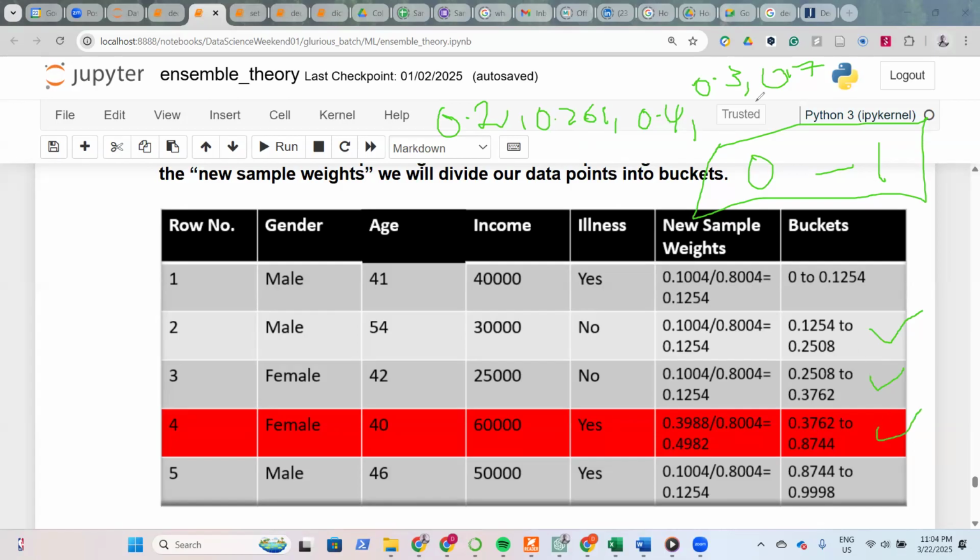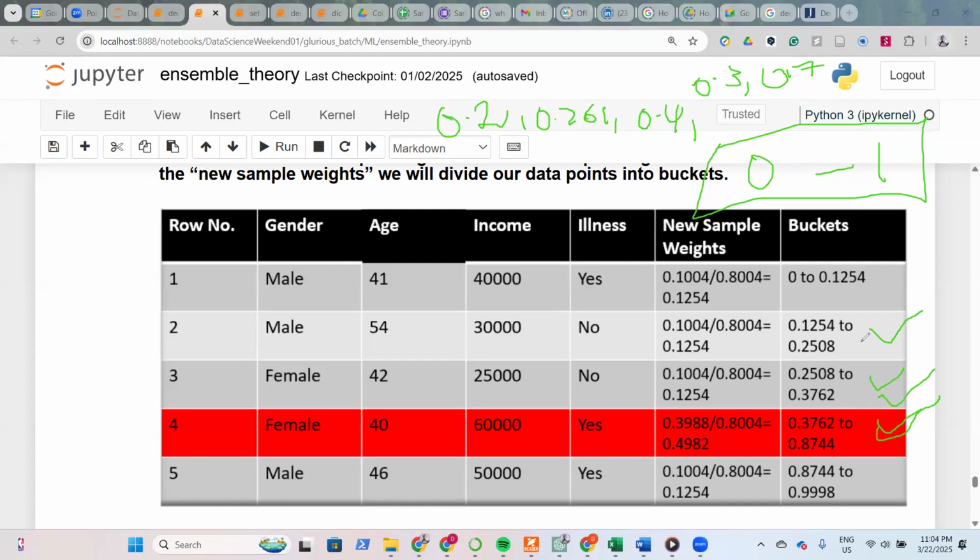Fourth bucket. The third number falls in which bucket? Third. 0.3 falls in which bucket? Third bucket. So the last number falls in which bucket? Fourth bucket. So we have 2 here and we have 2 here.